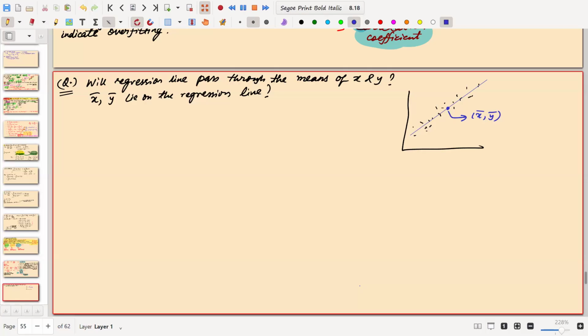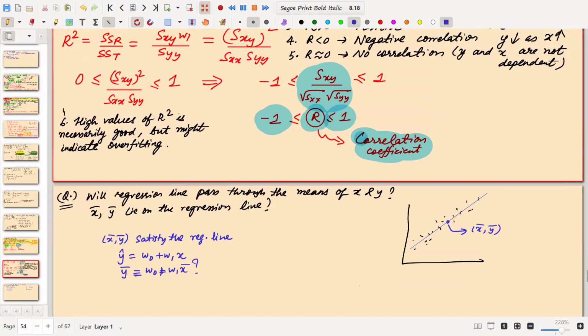So technically what we are asking is whether the X bar, Y bar point satisfies the regression line. Our regression line is W0 plus W1X. So does it satisfy Y bar equal to W0 plus W1 X bar? That is a very simple question.